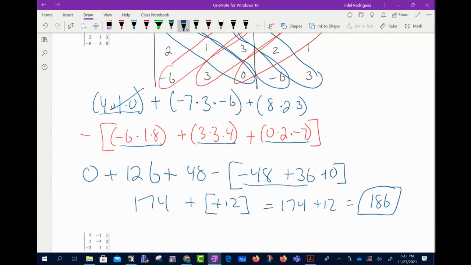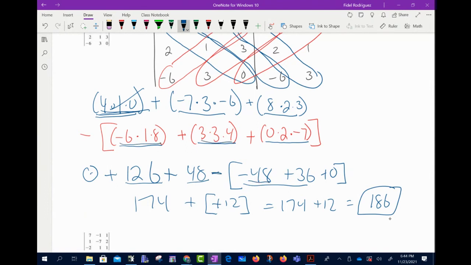Oh yeah, I'm multiplying. Every number inside those parentheses is being multiplied, but then I add up each of those individual values, right? So these numbers are being multiplied here. 4 times 1 times 0 gave me 0. Negative 7 times 3 times negative 6, 126. 8 times 2 times 3, 48. Minus, right? Now I'm going to multiply here.